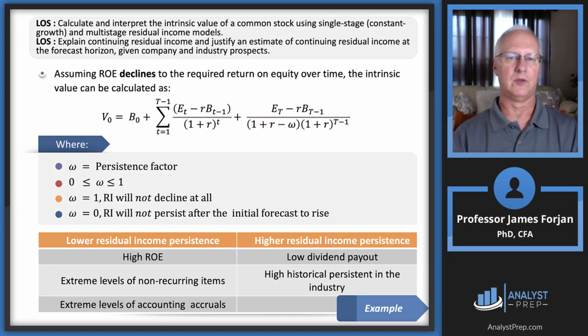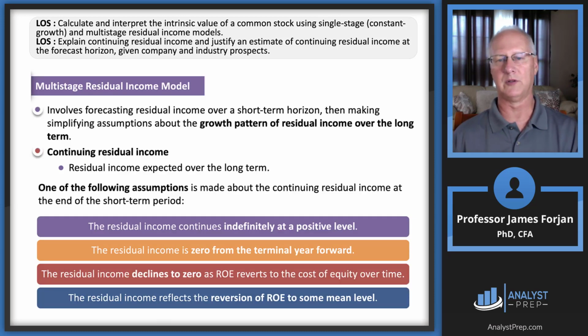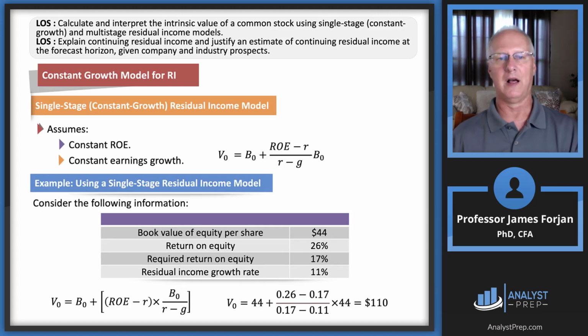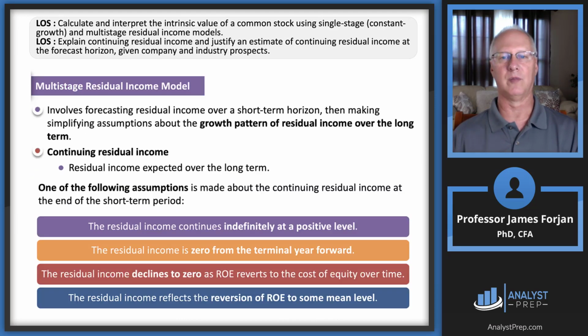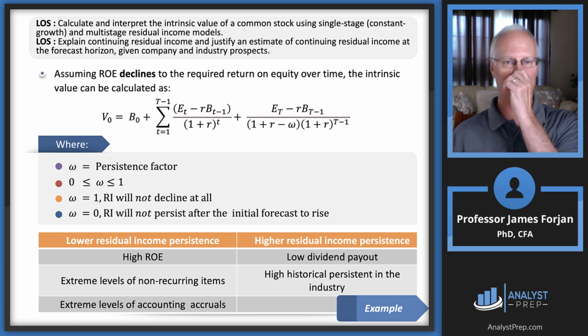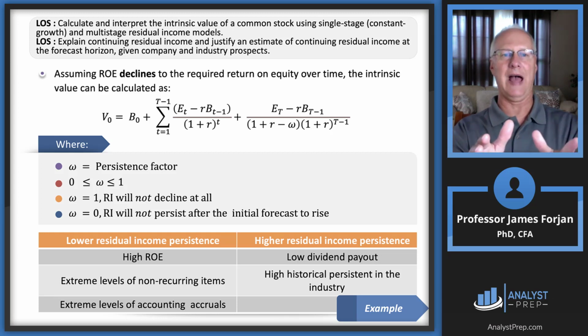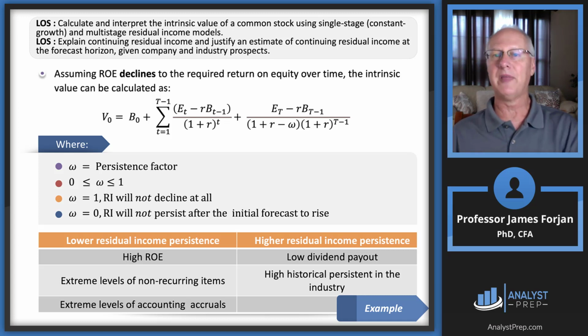Now, one of the ways to determine which of these 4 assumptions are going to be at play is to add another variable to the model. Let me go back to that model there. So if you look at that, value today is equal to book value plus the present value there plus something else. And notice that there's a funny looking W in the denominator.